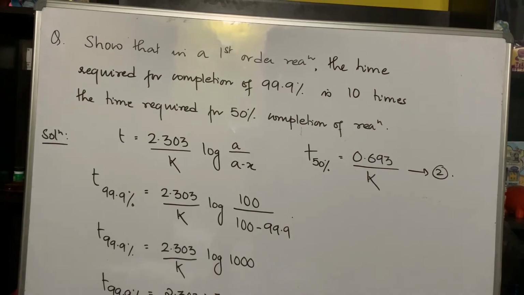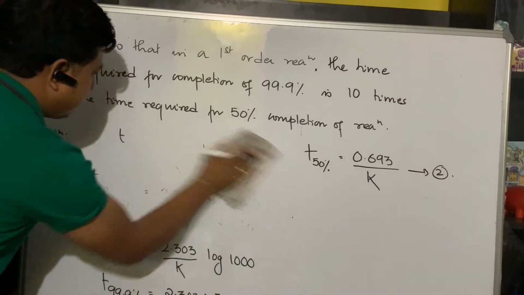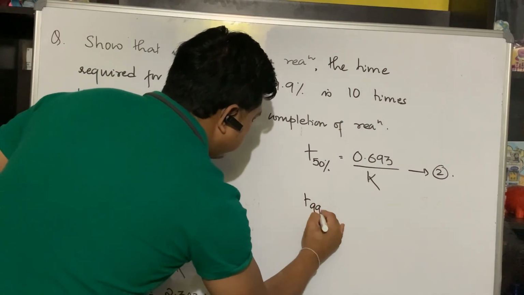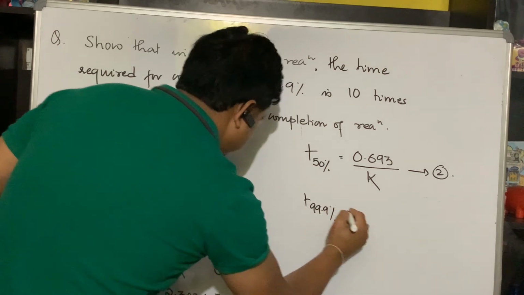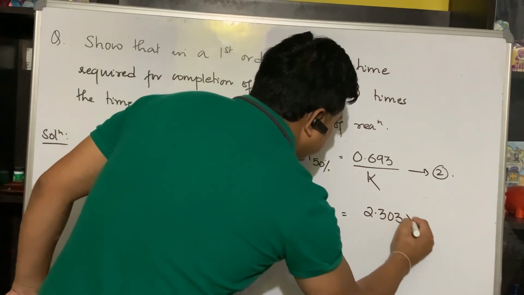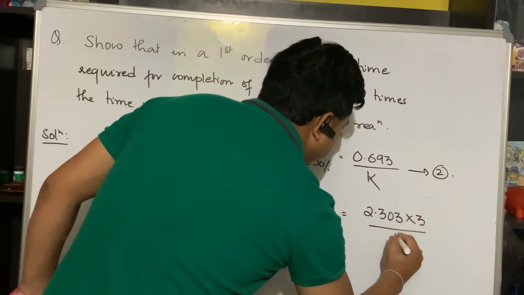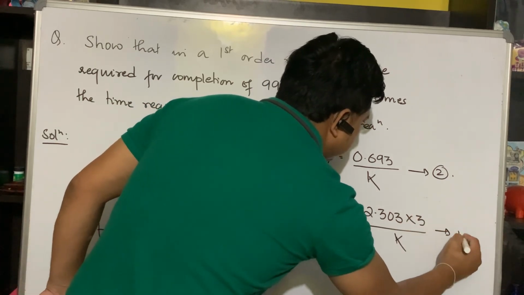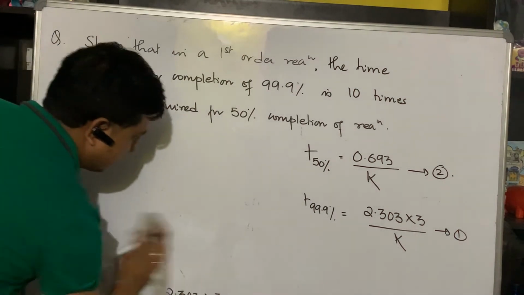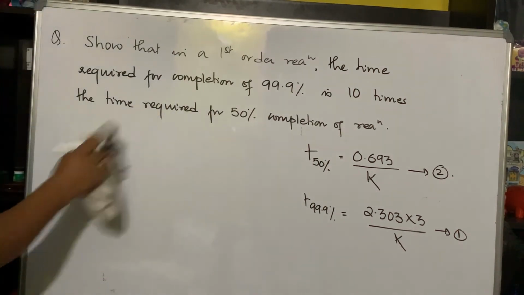Okay, so T 99.9%. I'm going to rewrite the equation again. T 99.9% was equal to 2.303 into 3 divided by k. Let this be equation number 1. So what am I going to do? I got two equations.